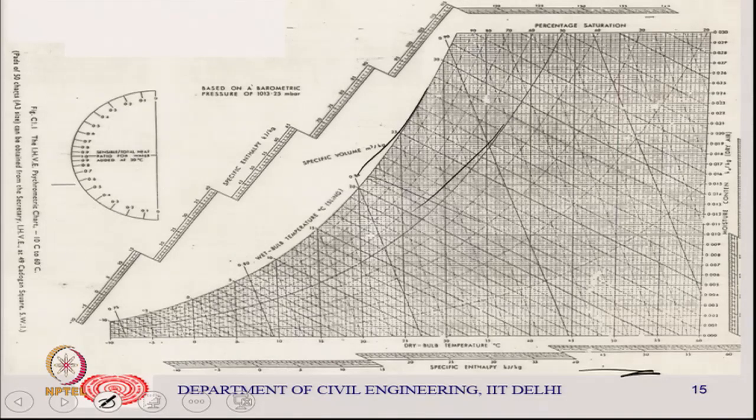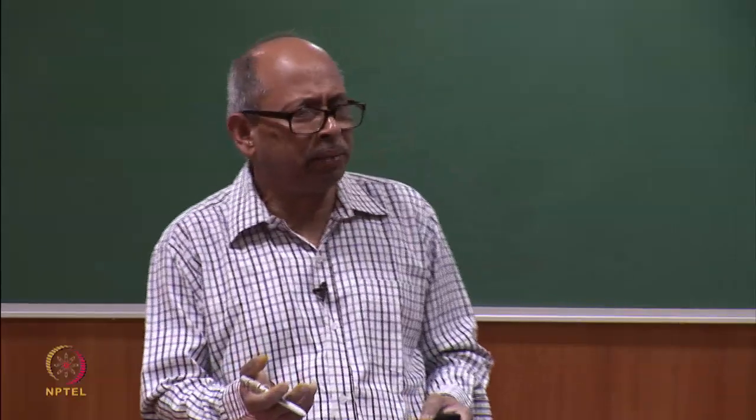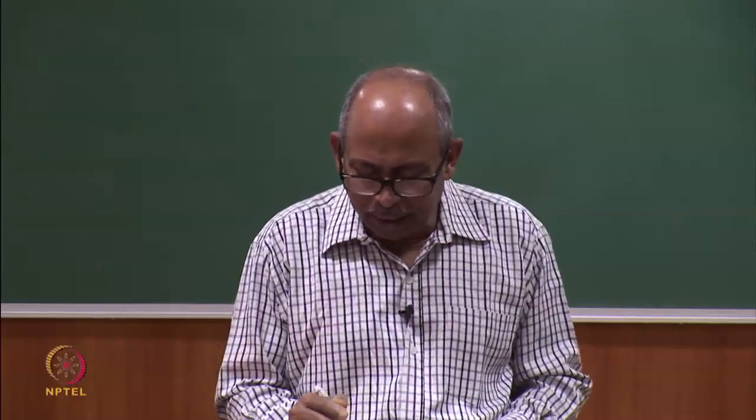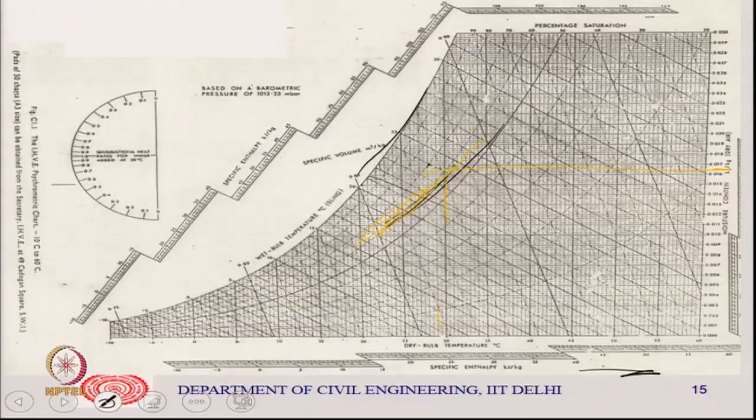If you know the relative humidity, let us say 60%, at 25 degrees centigrade, go there, go here, and you will get the absolute humidity, the moisture content, something like 0.0014, and you can calculate it by formula also.